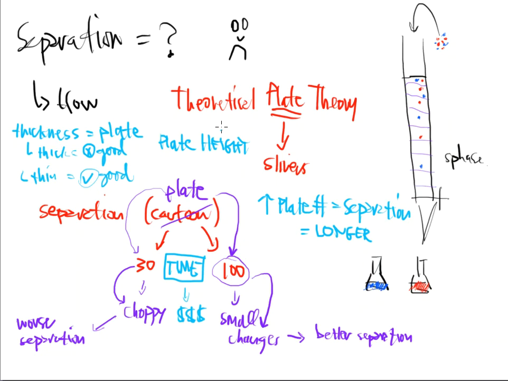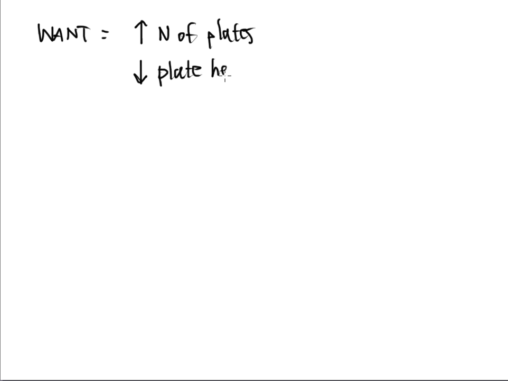And plate height is going to be very important for us as well. So not only do we talk about the number of plates, but we also talk about plate height. So what we want in chromatography, if we ignore time and pretend like time is not a problem at all, is a very high number of plates, and you want a very low, what we call plate height.